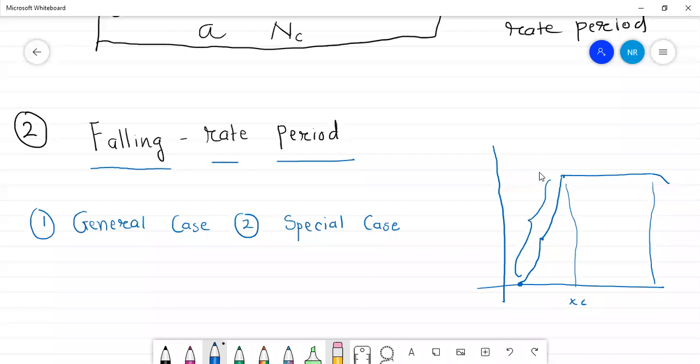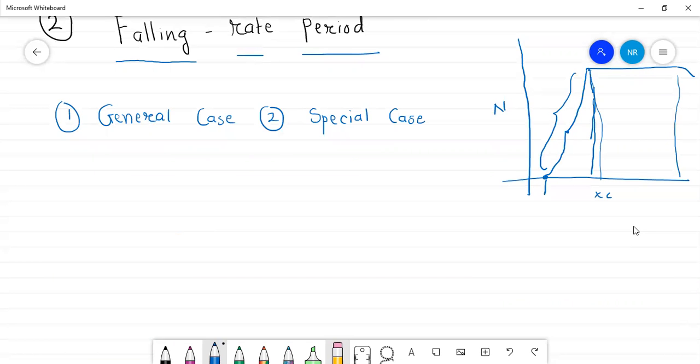Now for the general case, here is the rate of drying N. What we have to do is draw a graph. Let me write down for the general case: how to find the answer if we have a general case for the falling rate period. This is applicable for the falling rate period.